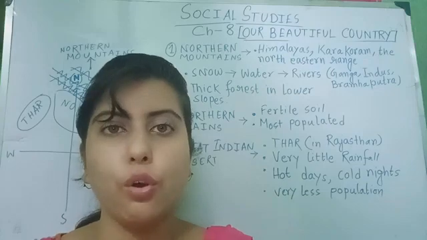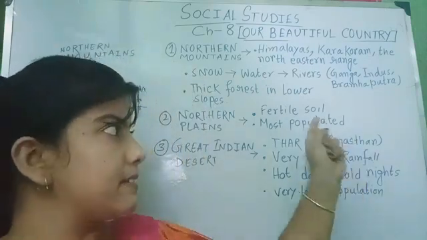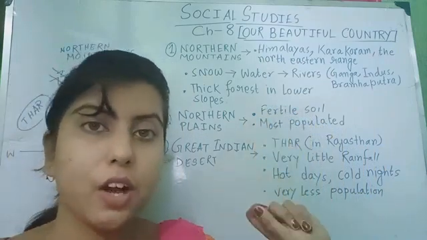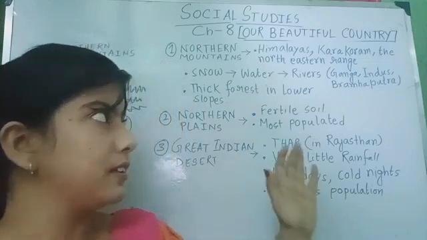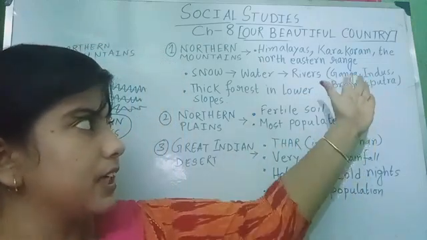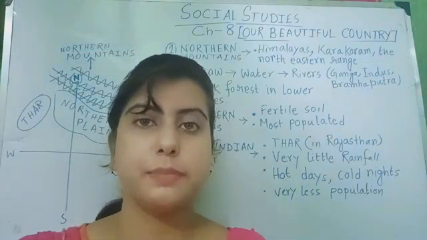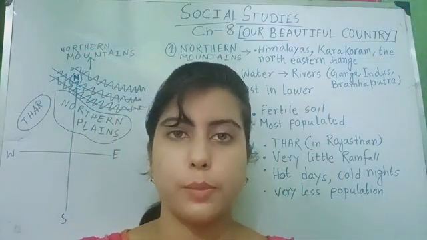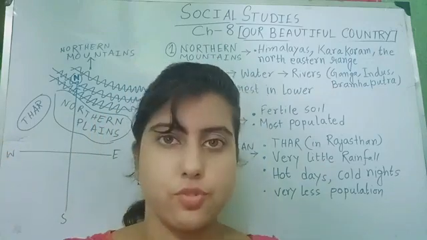Farmers can grow a variety of crops here. Why is the soil fertile? Because of the three major rivers that are flowing through this region: Ganga, Indus, Brahmaputra. Now the northern plain stretches from the western part to the eastern part of our country.